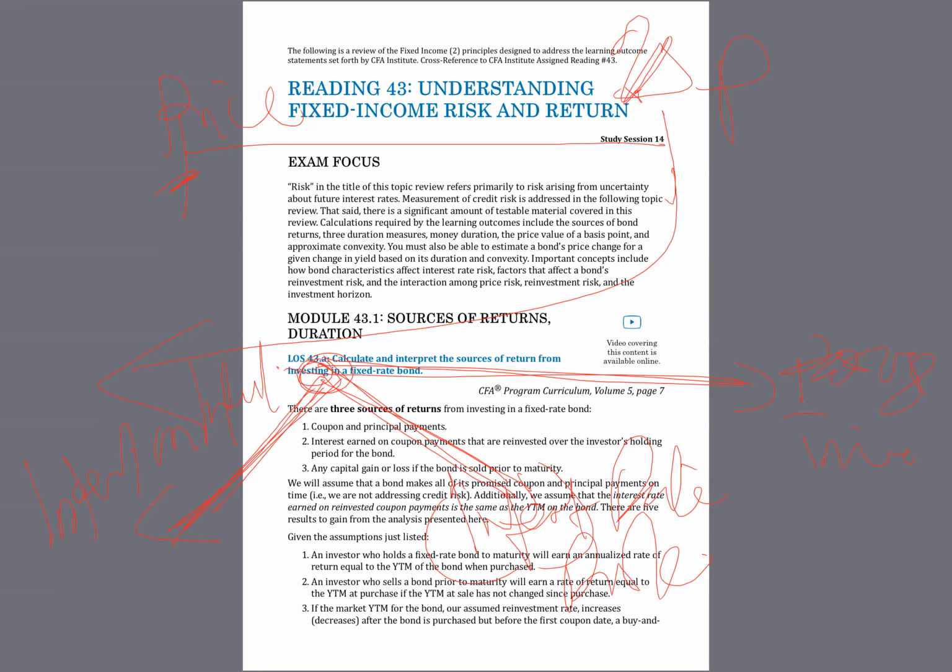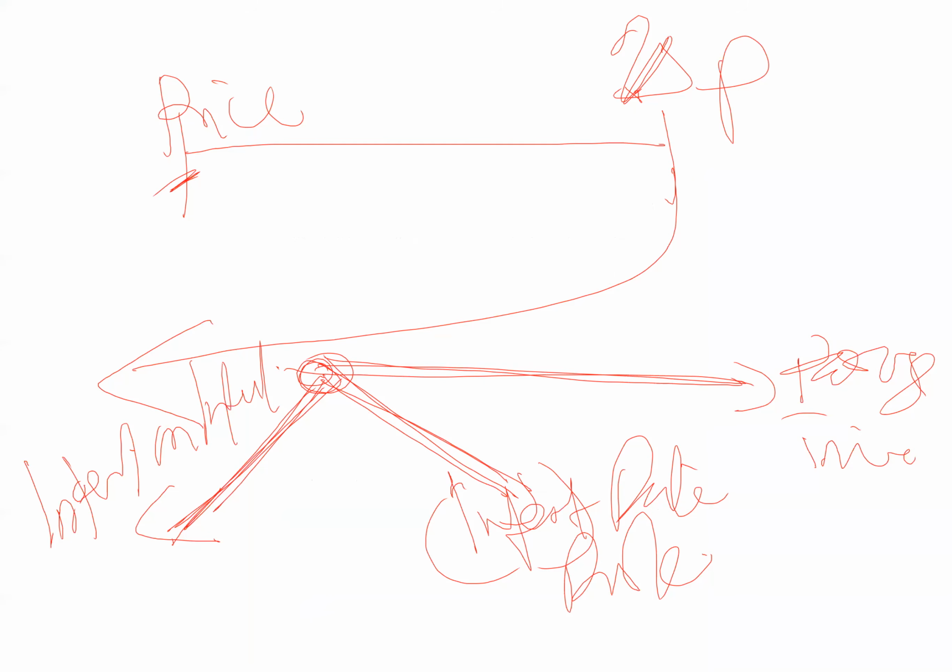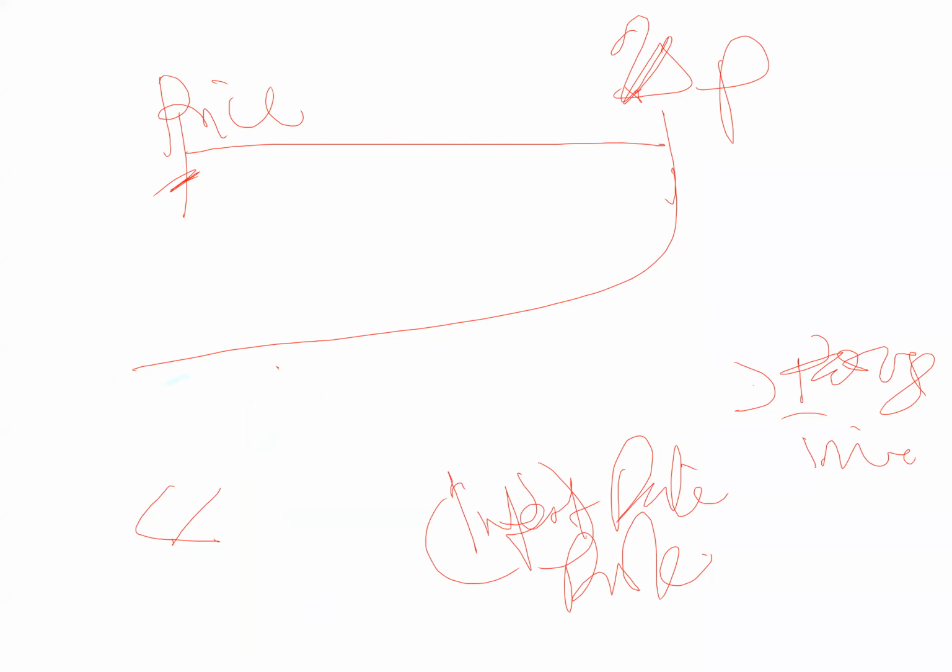Okay, I'm saying that when you are calculating the duration of a bond, there are different ways of calculating it. You can calculate it through what we call the Macaulay duration.